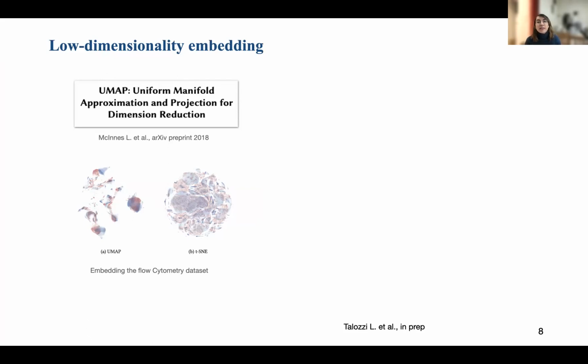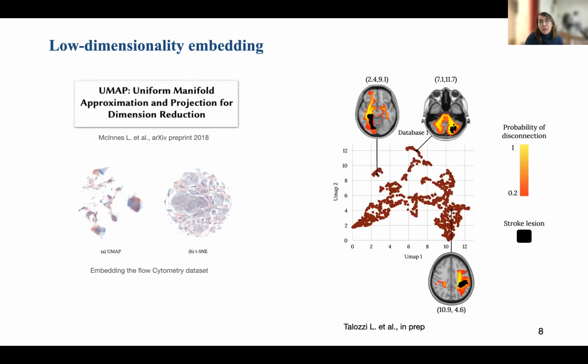It's the more recent method that also computationally is more stable. And so it has some improvements compared to the t-SNE. This is why we chose it. And also we were able to save the embedding transformation for applying this transformation to new datasets, as I'm going to show you.